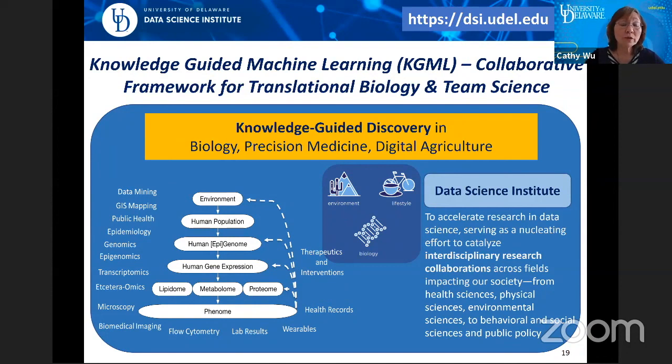With the advances in high-throughput experimental biology, from genomics, epigenomics, transcriptomics, proteomics, metabolomics to microscopy, biomedical imaging, flow cytometry, and so forth, and also the digital transformation of biomedicine with wearables, sensors, the electronic health record, and GIS mapping in public health and epidemiology, certainly there is no shortage of big data.